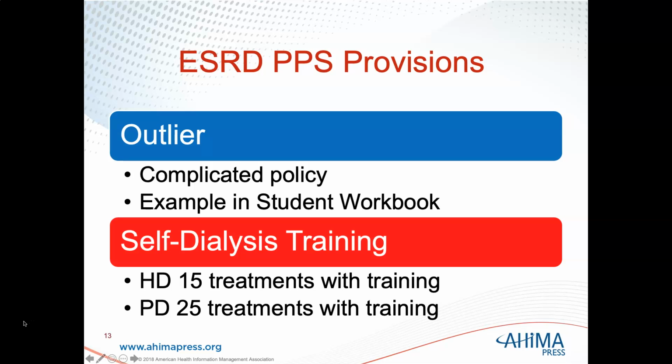ESRD PPS has a couple of provisions. There's outliers, of course, and there's also self-dialysis training. Outliers start at the bottom of page 177 and go into the next page. Gives you some examples. And then self-dialysis training is here on page 179.